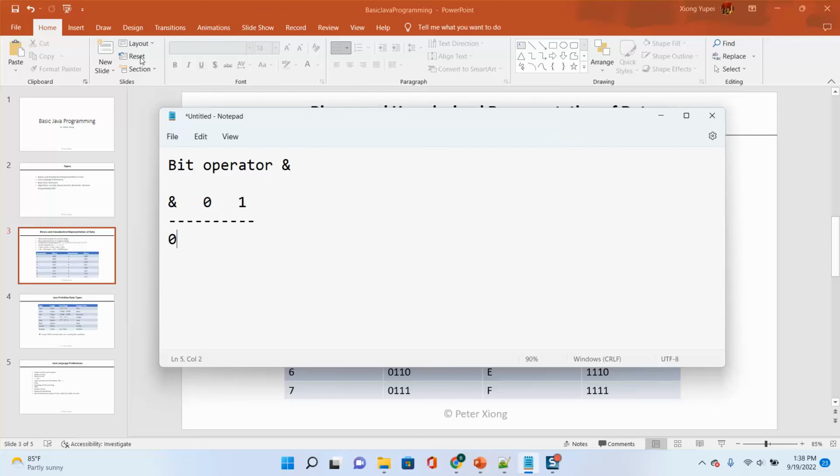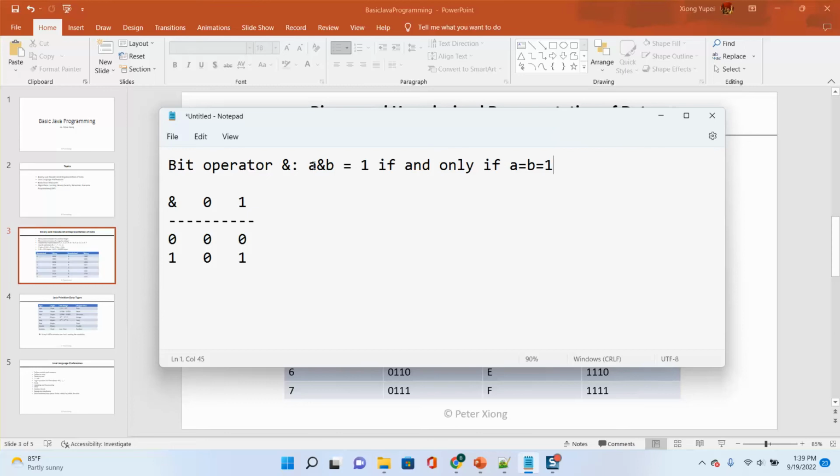And we use 0. 0 and 0 is 0. 0 and 1 is 0. And 1 and 0 is 0. 1 and 1 is 1. So it means A and B equals 1 if and only if both A and B are 1. This is bit AND.